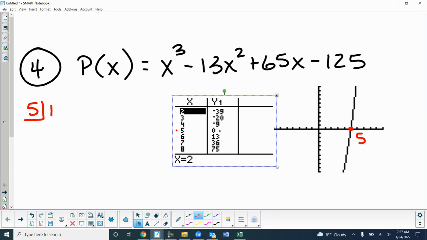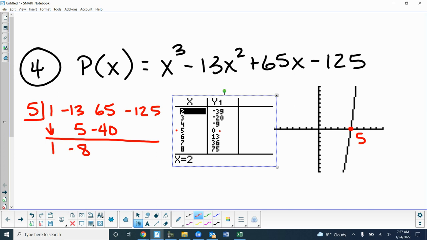All right, so I have 1 for the x cubed, negative 13, 65, and negative 125. Okay, I didn't have to add any zeros. Drop your 1. 5 times 1, and add those. 5 times negative 8, and add those. And 5 times 25 is 125.